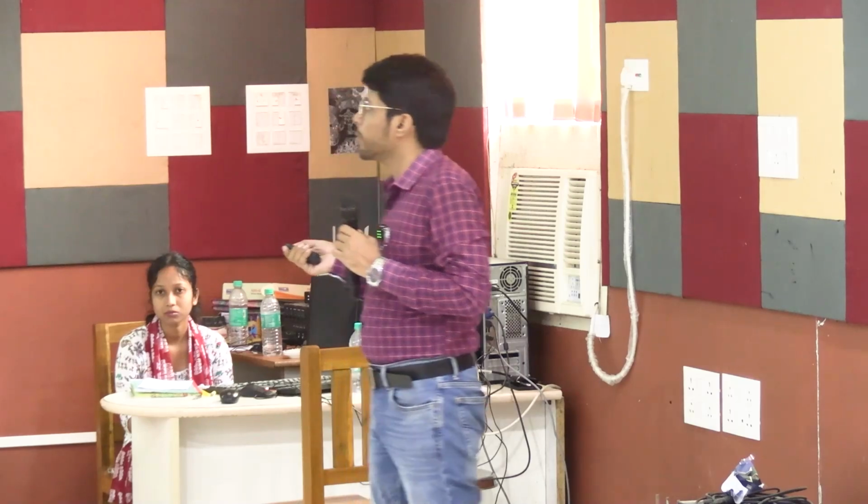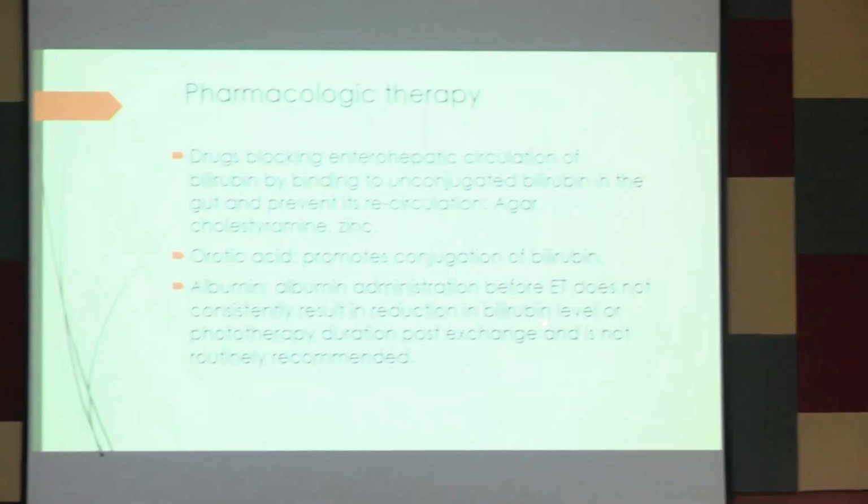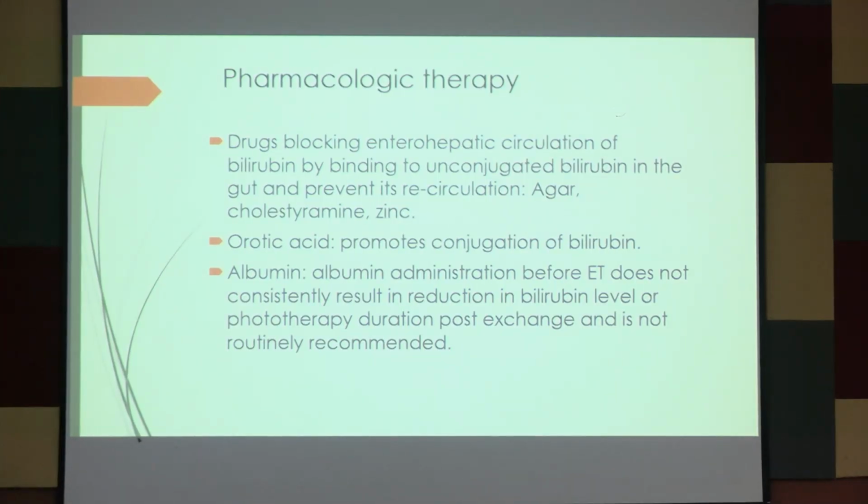Albumin administration before exchange transfusion does not result in reduction in bilirubin level, routinely not recommended, but measuring albumin level is important. So, there are several drugs except phototherapy: agar, cholestyramine, zinc, phenobarbital and orotic acid, but routinely not prescribed.